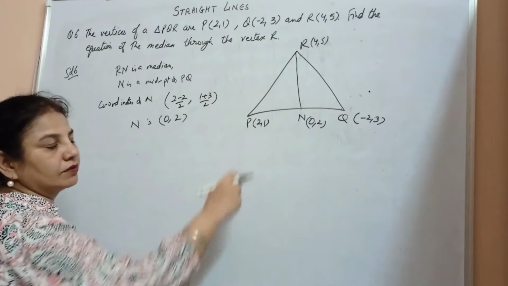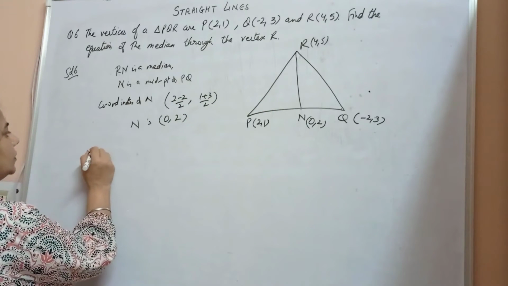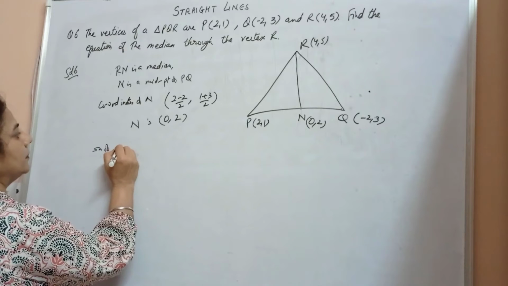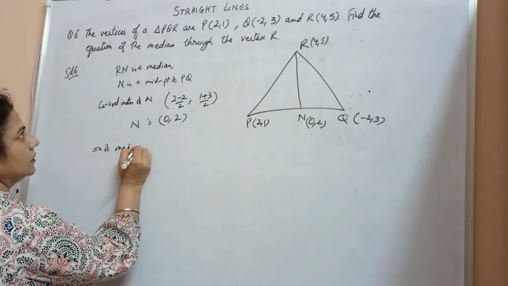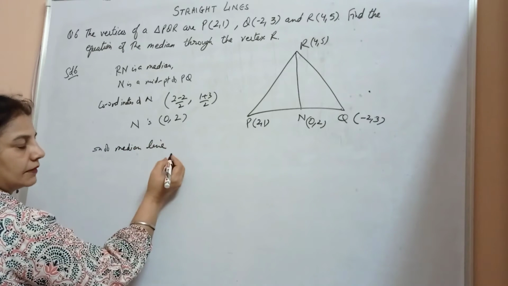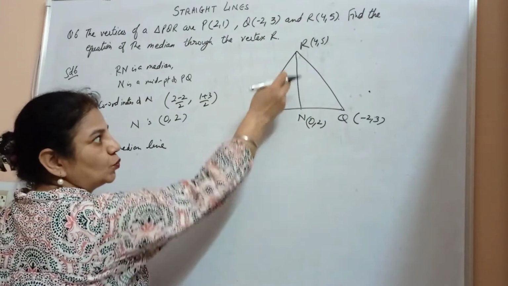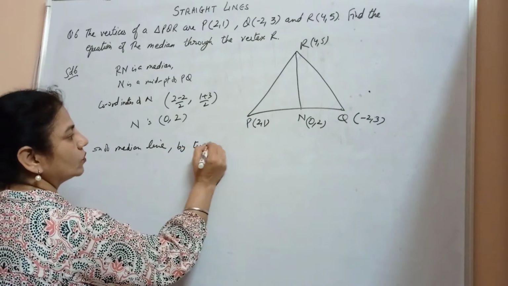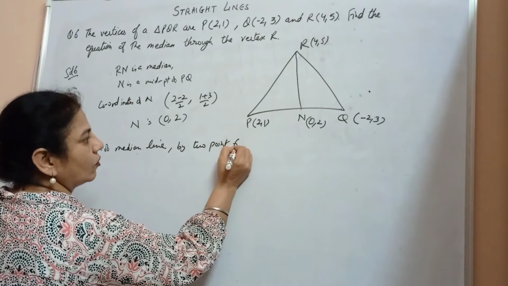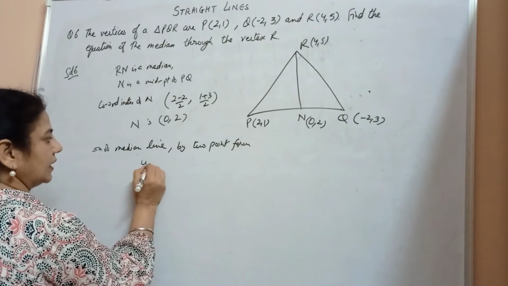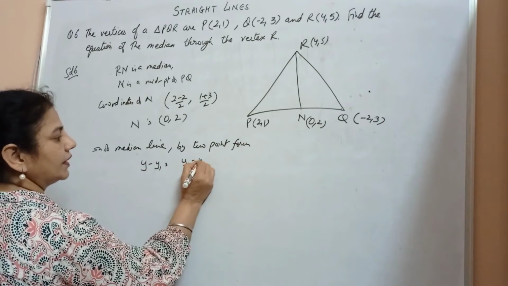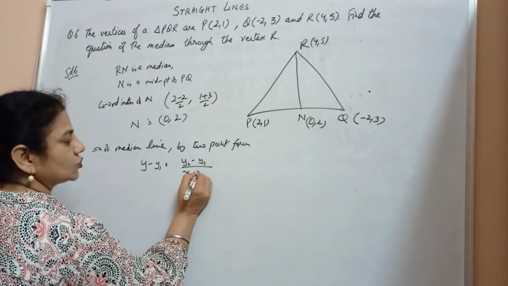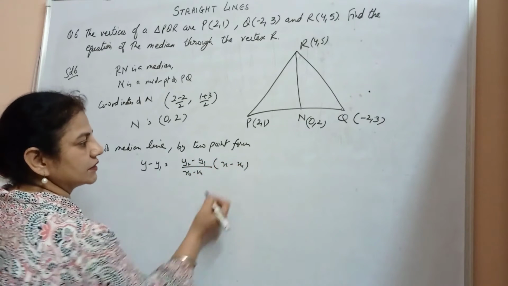Equation of the median line RN: we use the two-point formula as two points are given. So by the two-point formula, y minus y1 is equal to y2 minus y1 upon x2 minus x1 times x minus x1.